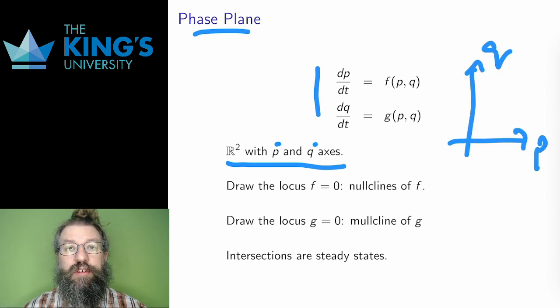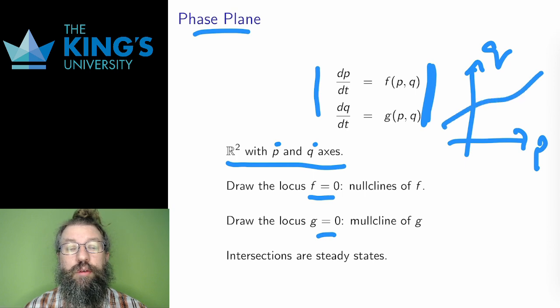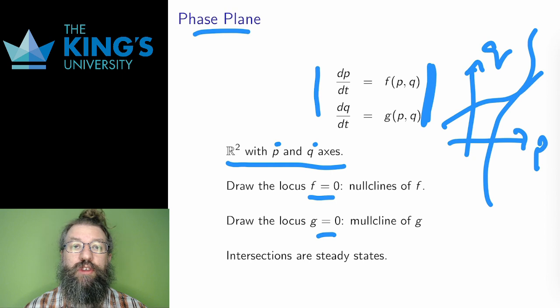Then I'm going to look at these expressions on the right side, and I'm going to set them equal to 0. This is like solving equals 0 with the right side of the phase lines to find the steady states. So I'm going to get the locus f equals 0 and the locus g equals 0. I'll draw those two loci. Those are going to produce some lines or curves in this R2, and those are going to be called nullclines.